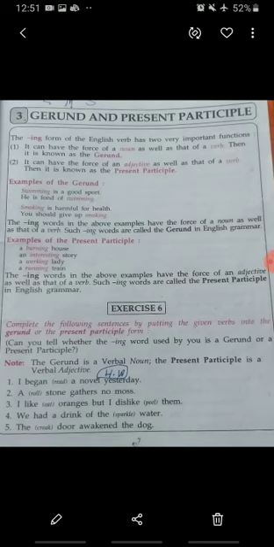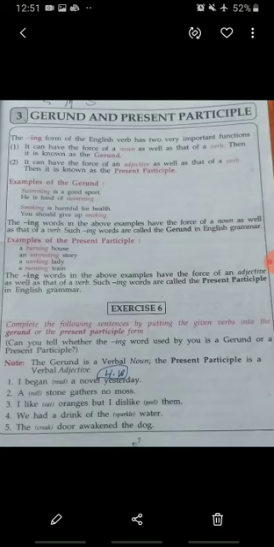The ing form of a verb that has the force of a noun as well as that of a verb is known as a gerund, and the word which has the force of an adjective as well as that of a verb is known as a present participle.